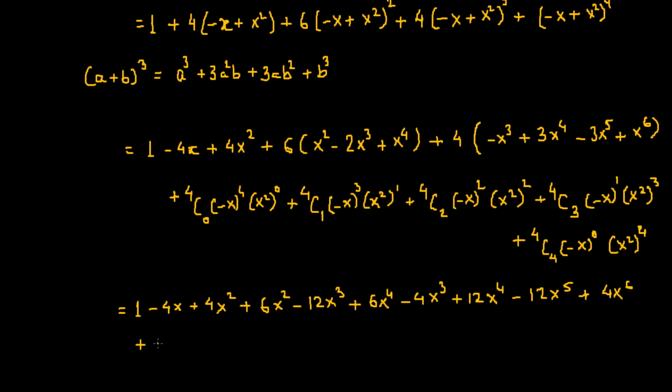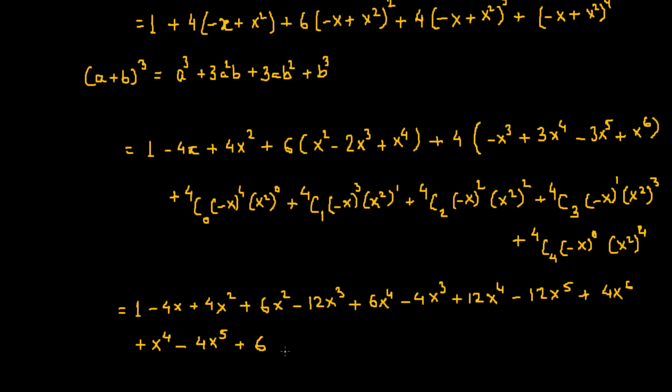So 4c0 is 1. Negative x raised to the power 4 would simply give us x raised to the power of 4. Plus 4 times, this would be negative, so this is 4x to the power of 5, since x cubed and x squared would give us x to the power of 5. Then we have 4c2, which is 6.